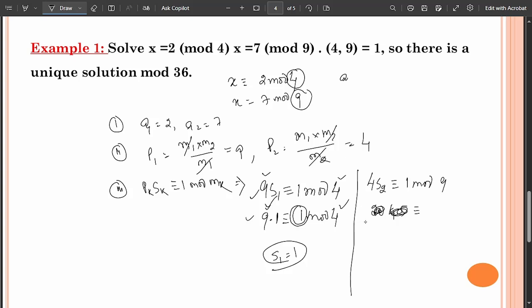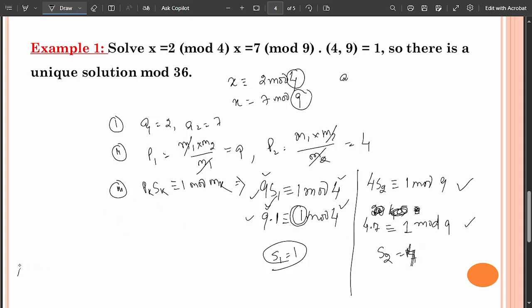When you multiply 4 with 7, that is 28, and 28 divided by 9 leaves remainder 1. So 28 is 1 modulo 9. Comparing these two equations, we get s2 equals 7.